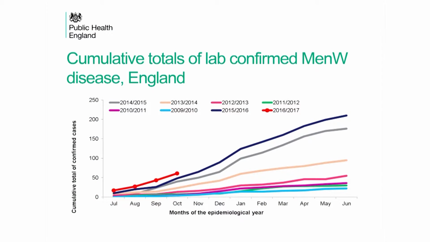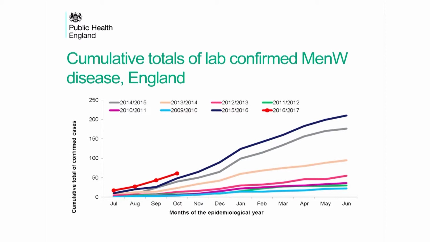However, since that time, this is showing cumulative cases by epidemiological year. So our epidemiological year runs from July one year to June the following year to capture that winter period. What we can see is this, so this was the year in which the vaccine was introduced, when we had those 176 cases.